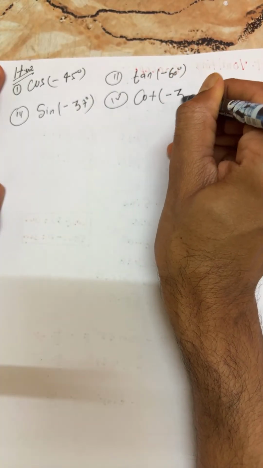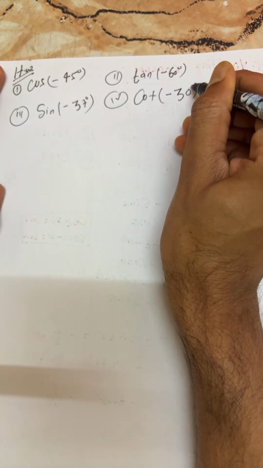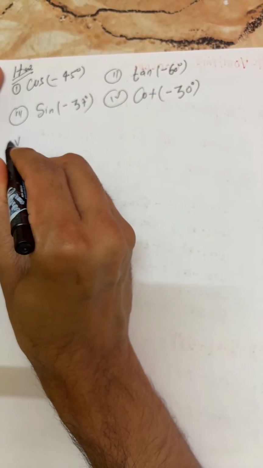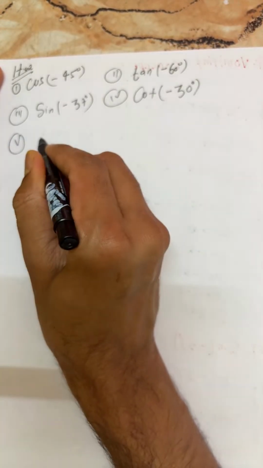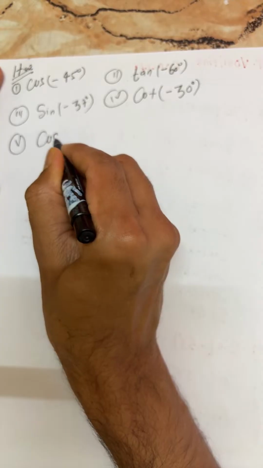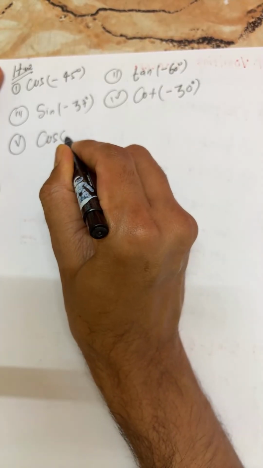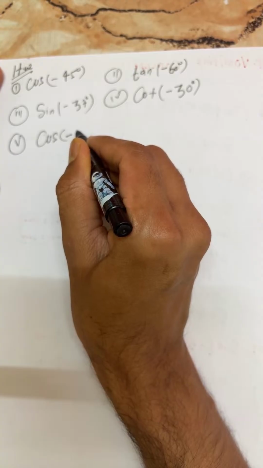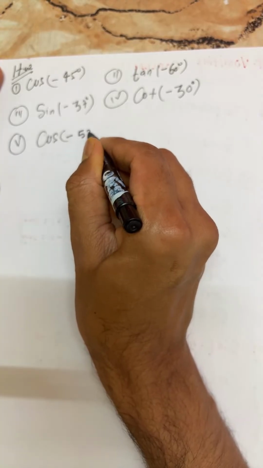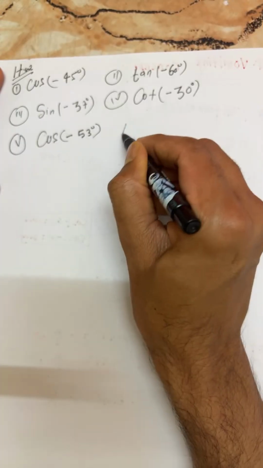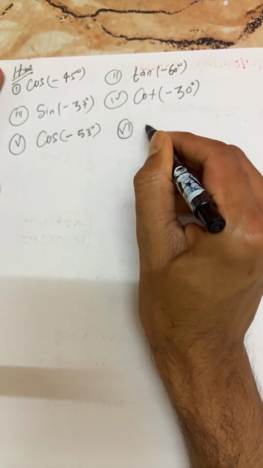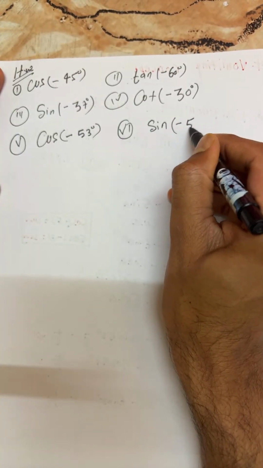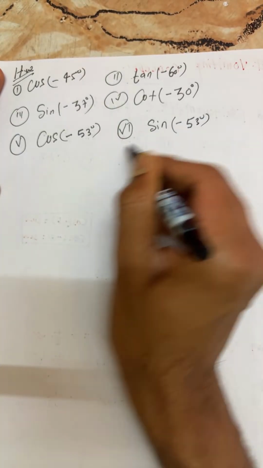Cot of minus 30 degree. Fifth, cos of minus 53 degree. Sixth, sine of minus 53 degree.